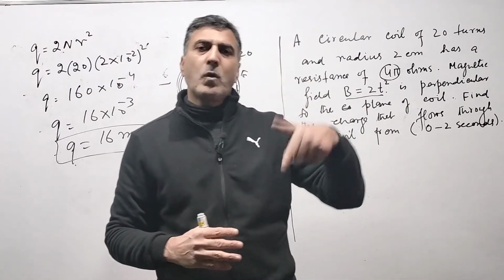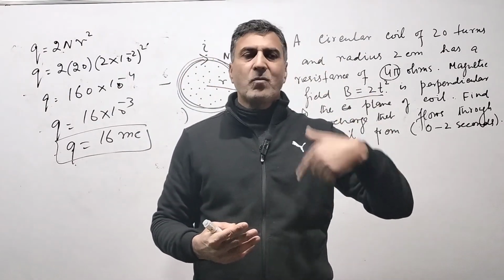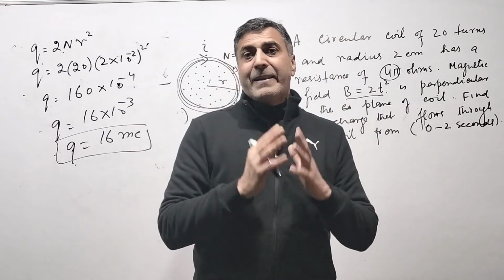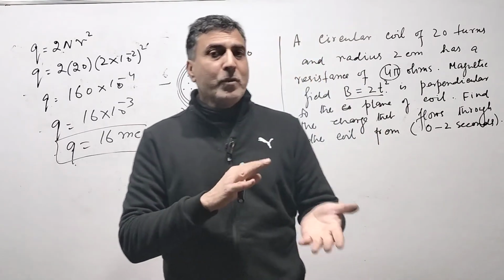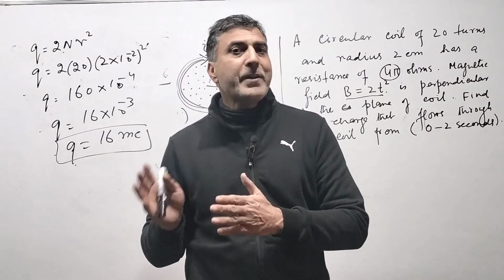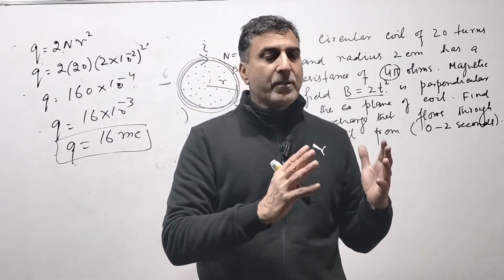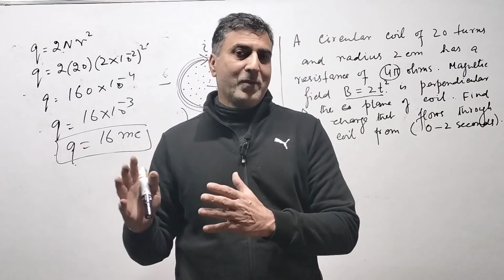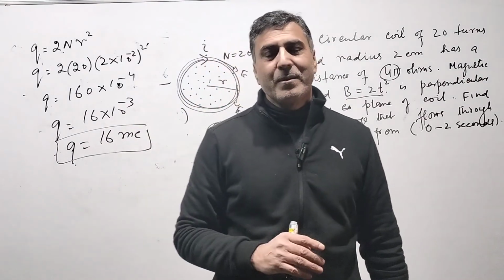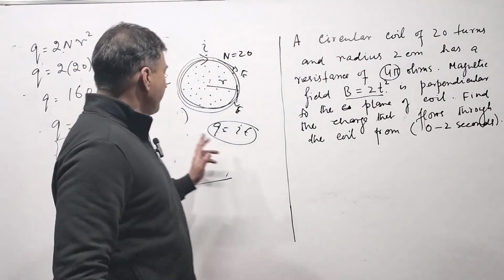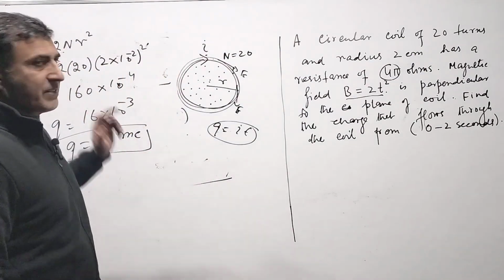The induced EMF in the coil will produce current because the coil has some resistance, and that current is not constant. That current was a function of time again. So we can't use the formula Q is equal to current into time. We have to use the formula Q is the integration of current over time, from 0 to 2, and finally we got the answer, 16 millicoulombs, because 10 is to the power minus 3.